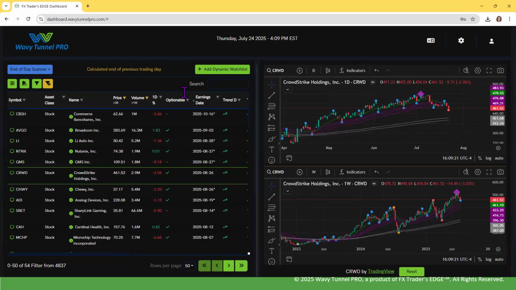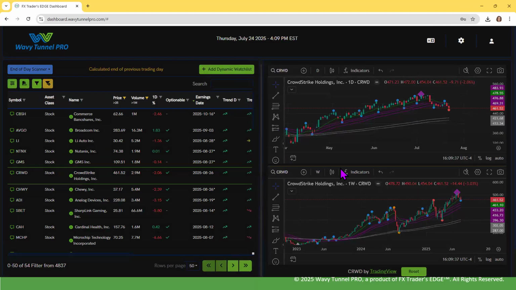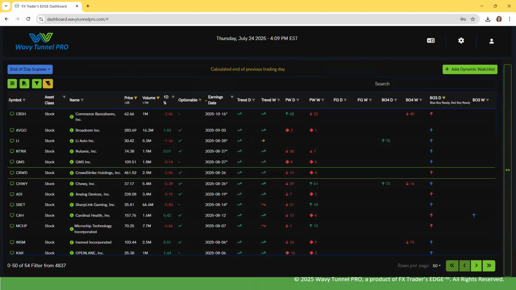So this is the dashboard scanner. And I'm going to just click on the menu here. Well, before I do, I'm going to tell you we have the chart on the right, and we have all of the dashboard on the left. I can move this chart off the screen if I want to see everything all the way across.